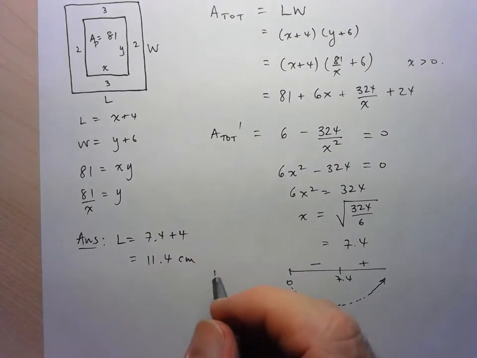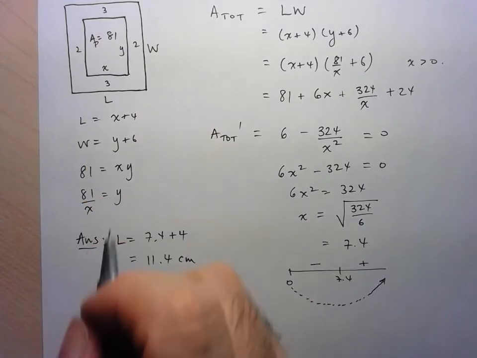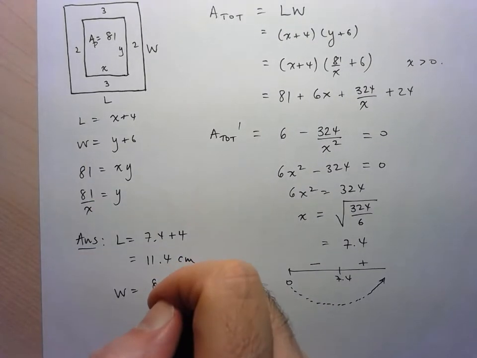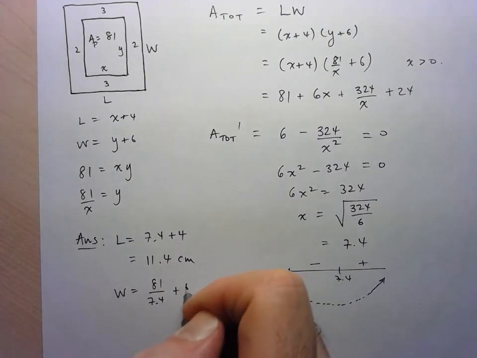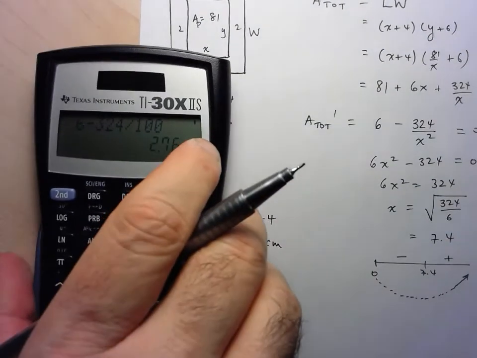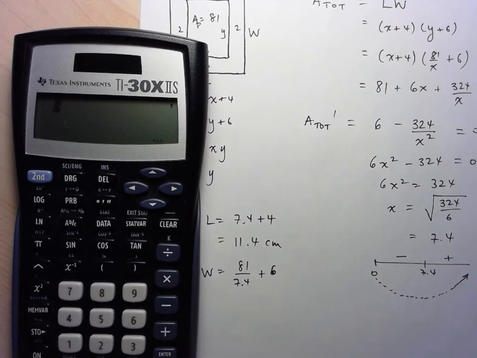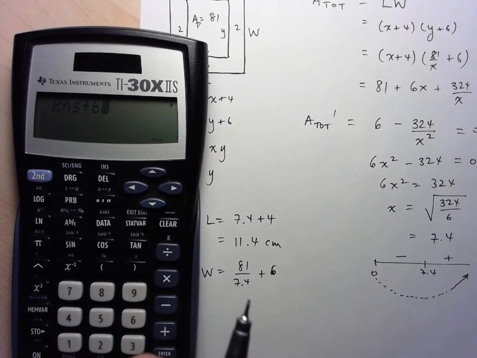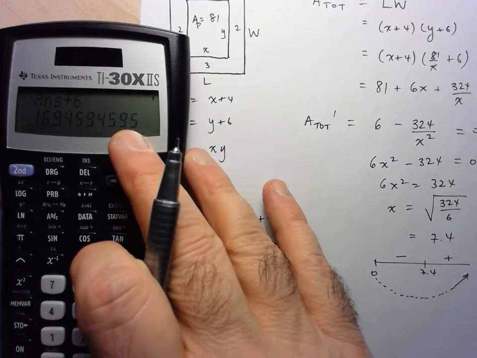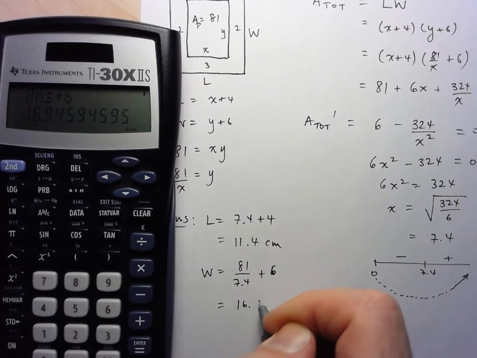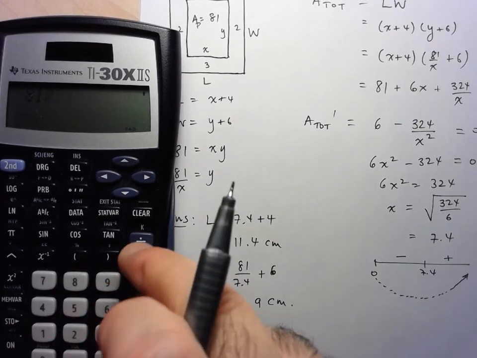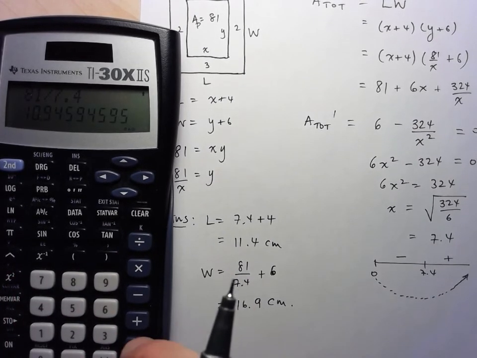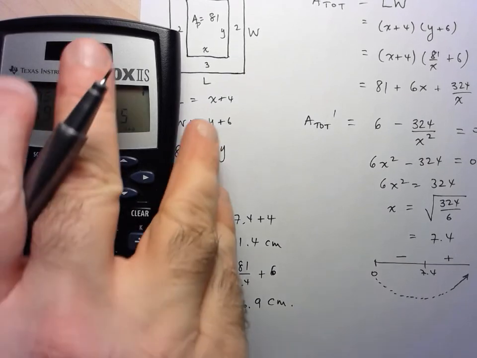Okay, and then W is y plus 6, but remember y was just 81 over x, so 81 over 7.4 plus 6, and that will get our trusty calculator. So here we've got 81 divided by 7.4 plus 6, and so here we've got about 16.9 centimeters. Okay, let me check that one again. 81 divided by 7.4 plus 6. Yeah, that looks good.